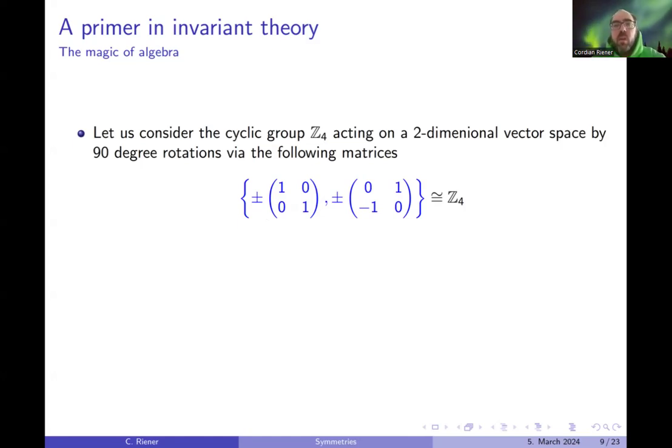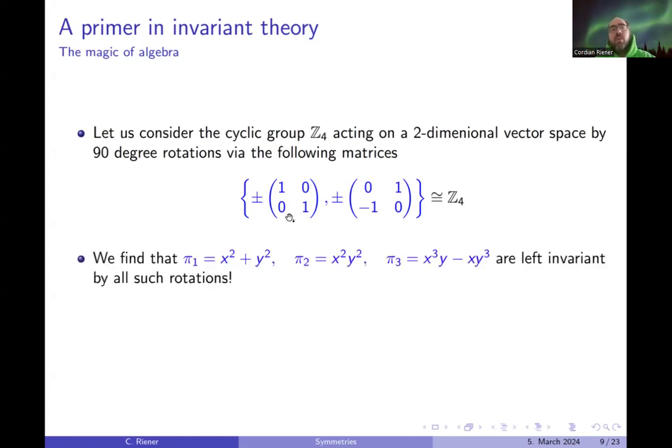So then I also get an action on the polynomials, and it's maybe a little bit tedious to see, but for example, the first, P1, the sum of the squares of the variables, is not affected by any rotation, obviously. Whatever I rotate in 2-space, the absolute value of the vector does not change.